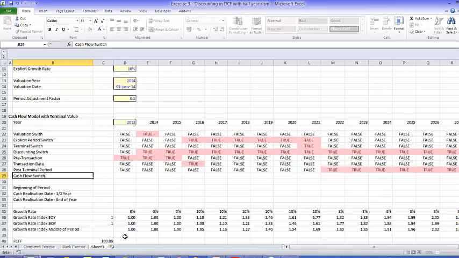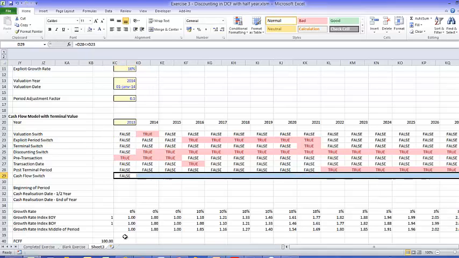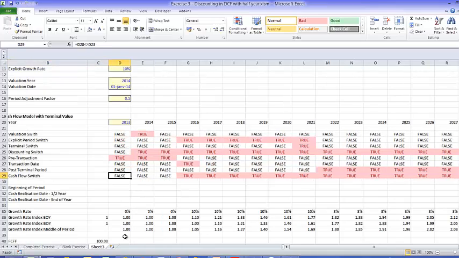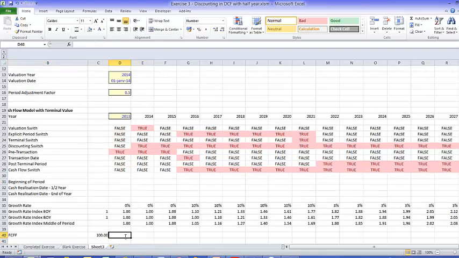I'm going crazy with these switches. If I put equal, whenever this post-terminal period doesn't equal the explicit period switch, then that's the entire lifetime of the switch.